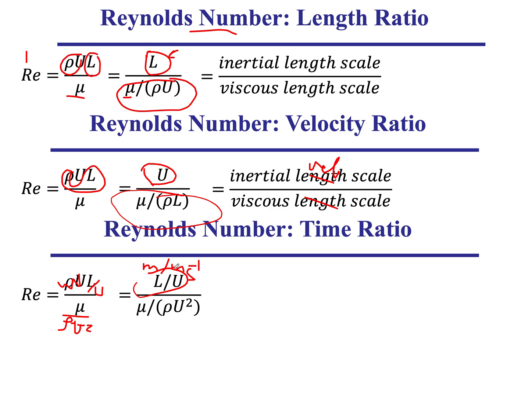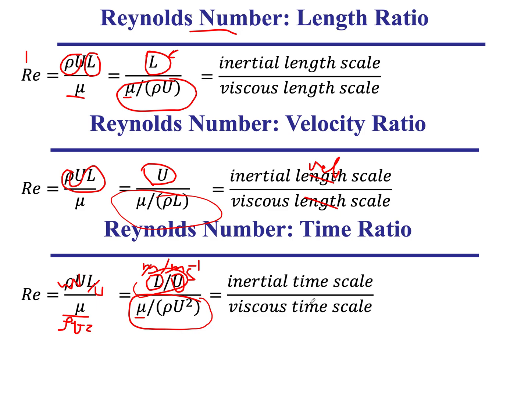So the meter goes with the meter, and the second to the minus 1 becomes second. So that has units of time over time. So that's an inertial time scale. It's the time it takes for the body to move one body length at that particular speed. And here at the bottom, I have a viscous time scale. So that viscous time scale is just mu over rho u squared. So it's a time scale ratio.